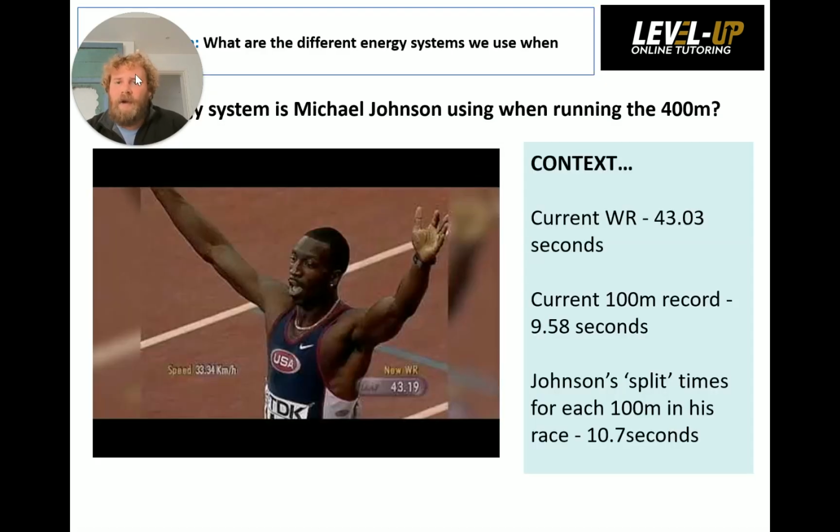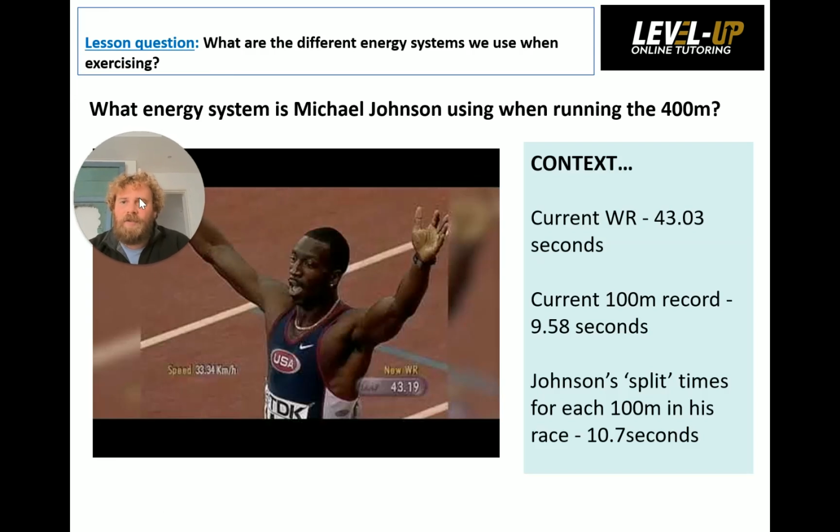We have a question now based on Michael Johnson. So we're going to look at what energy system Michael Johnson is using for the 400-meter sprint. So for context, this is the current world record. It is 43.03 seconds. He holds the current 100-meter record, which is 9.58 seconds. And his split times for each 100-meter in his race is 10.7 seconds.